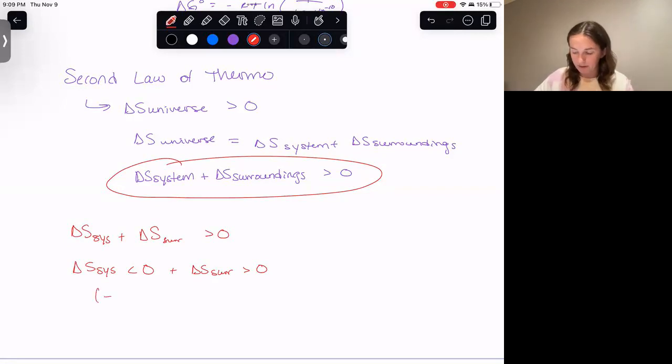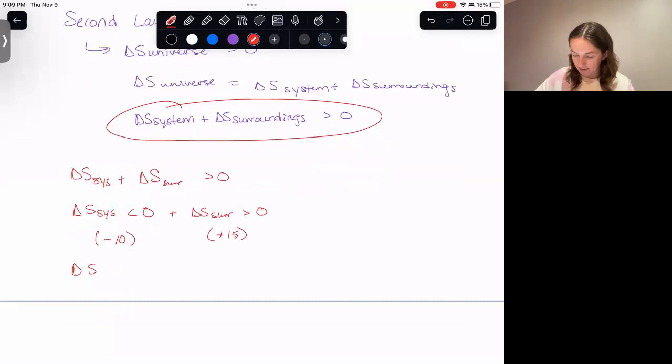So if this is going down by negative 10, this might be positive 15. So now the surroundings is getting even more chaotic and offsetting that decreased chaos of the system, therefore still contributing to the universe entropy. And then the reverse can happen where delta S of the system is greater than 0 and delta S of the surroundings is less than 0. But then in this case, the system would be gaining more chaos than the surroundings was losing.